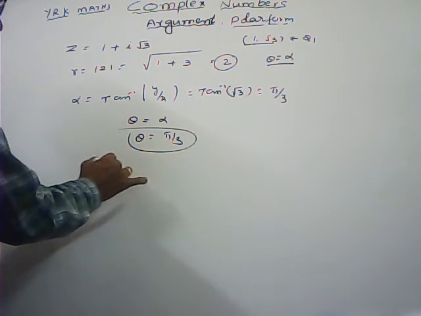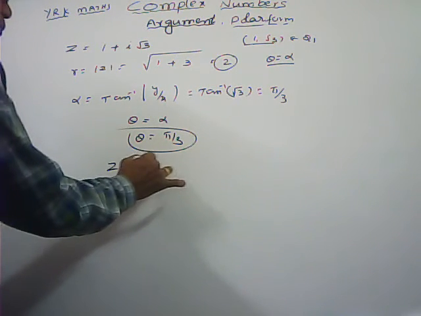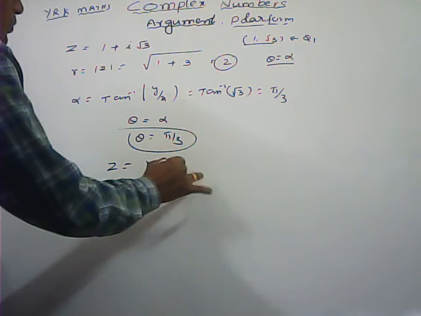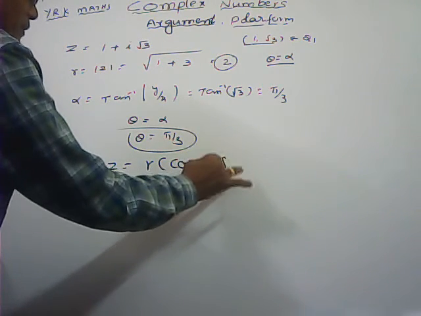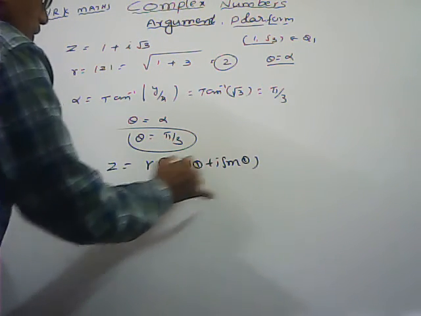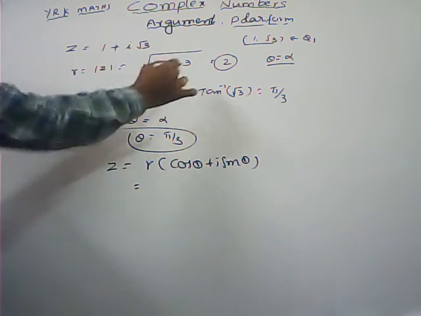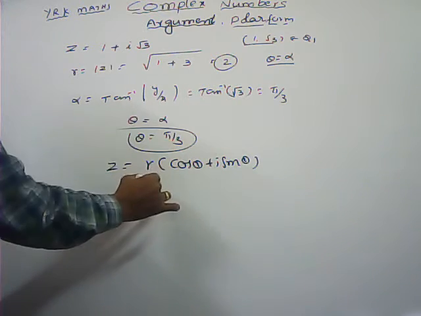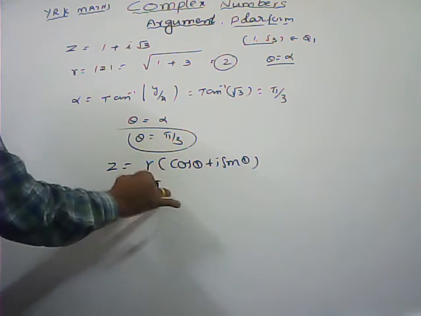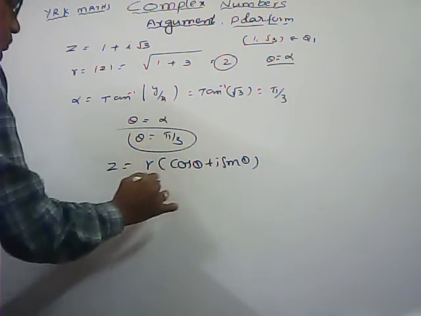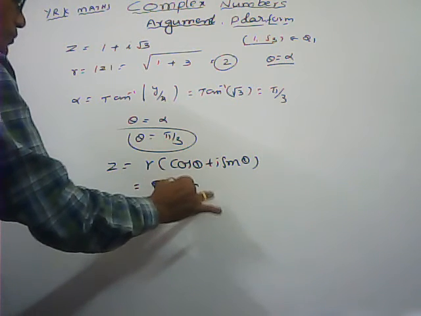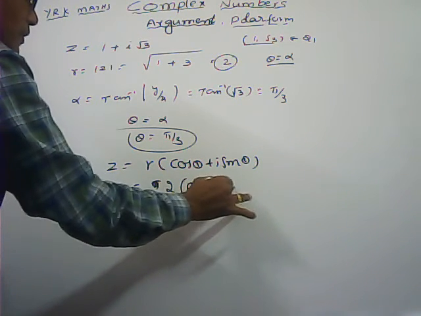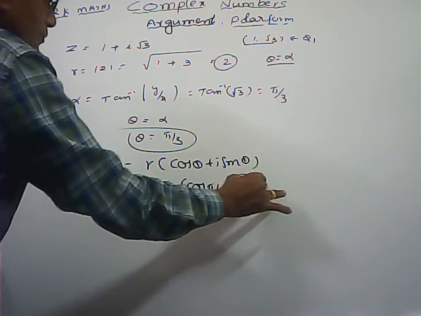Now z is equal to r into the polar form of the complex number, r into cos theta plus i sin theta. Here r is the modulus of z, that is 2. So 2 into cos pi by 3 plus i sin pi by 3.